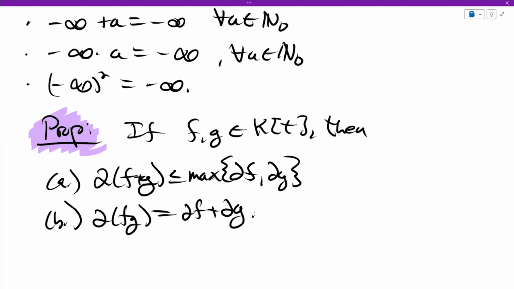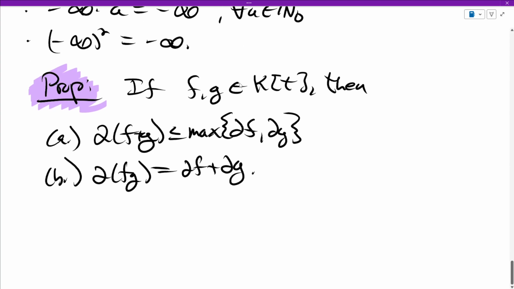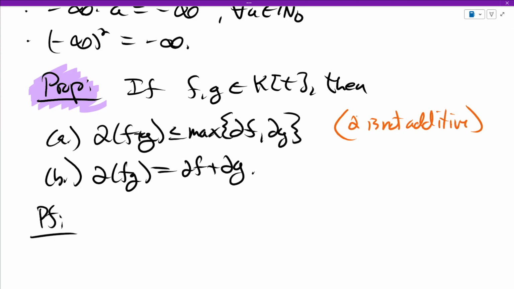So let's just take a minute and prove this real quick. I guess before we prove it, let me just point out something. This guy here says the degree is not additive. This guy says the degree is multiplicative, or sometimes people say additive here.